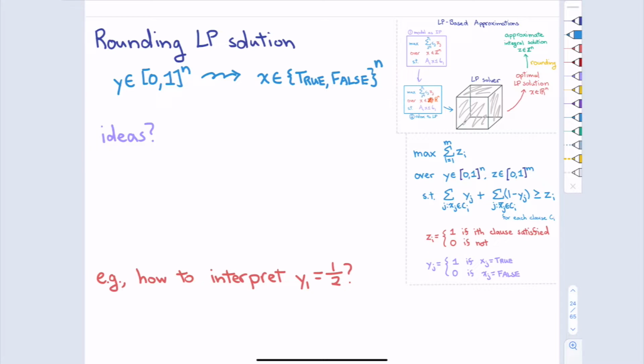Maybe 1/2 is right in the middle. If you have y1 equal to 3/4, you might think, oh, that's closer to 1, so I'll bring it up deterministically to 1. And if I had something very small, I'll bring it down to 0. And maybe for 1/2, I'll decide to round up.